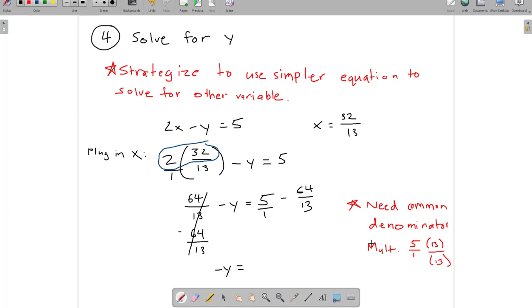So 5 times 13, let's see, 5 times 12 is 60, so that should give me 65 over 13 minus 64 over 13. So that actually worked out kind of nicely. If I do the subtraction, you'll find that you get 1 over 13.